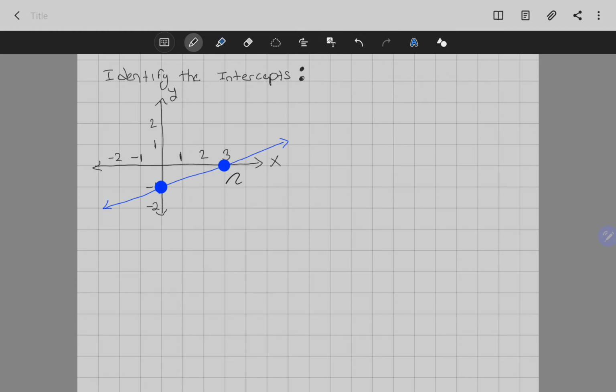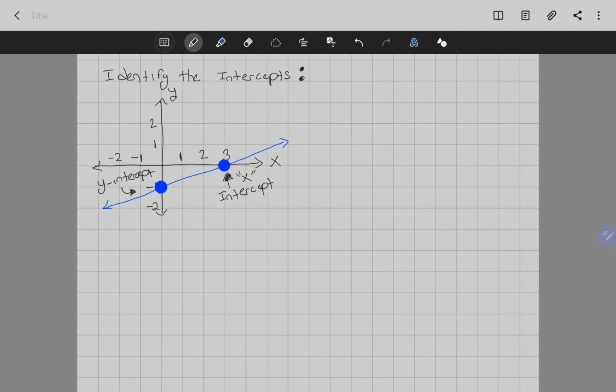So what that means is this is an intercept. And this is the x-intercept. And this is the y-intercept. X-intercept and y-intercept. They're called the intercepts because they actually cross the x-axis.